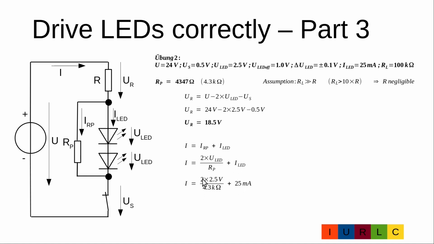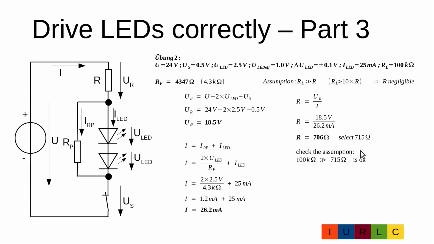With concrete numbers, 2 times 2.5 volt divided by 4.3 kilo ohm plus 25 milliamp is 1.2 milliamp plus 25 milliamp. I is 26.2 milliamp. With Ohm's law we get R is UR divided by I. With concrete numbers 18.5 volt divided by 26.2 milliamp. R is 706 ohm, so we select 715 ohm standard resistor.